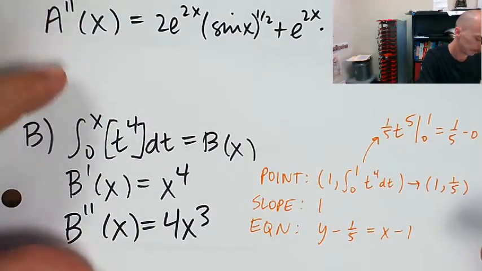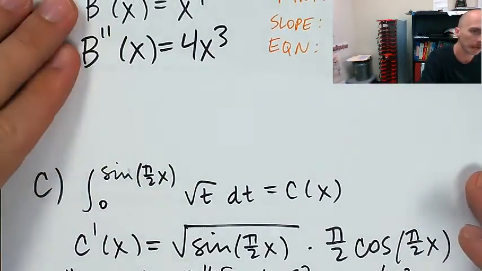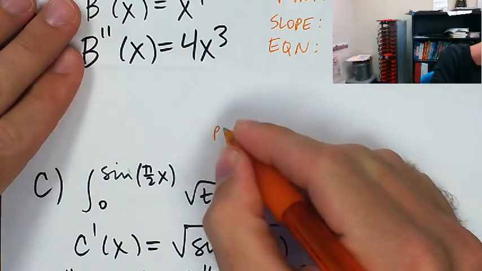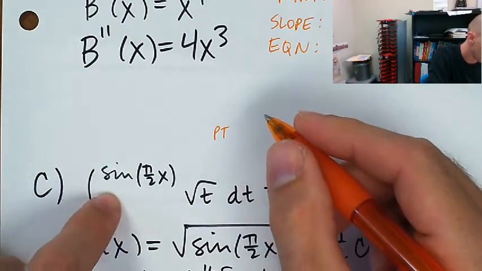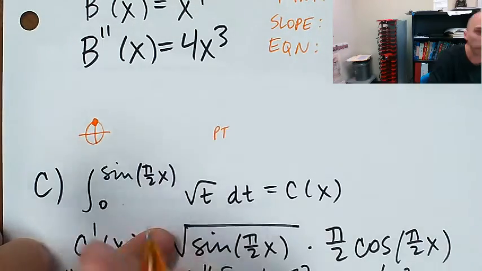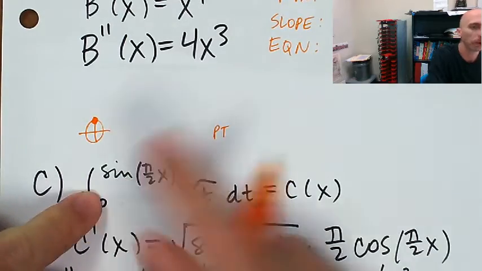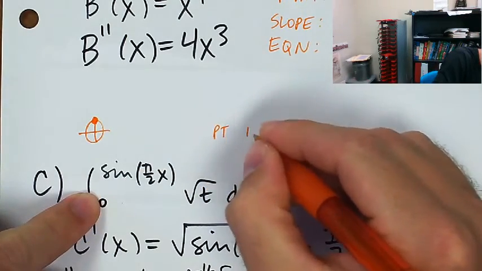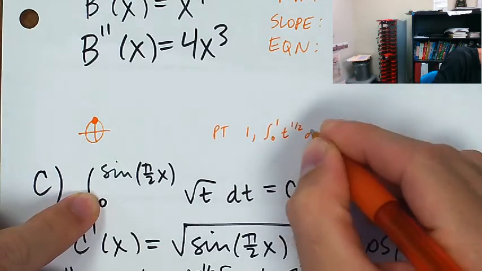C. Well, I'm going to have to do that up above, I guess. All right, so at x equals 1, my point is going to be, okay, the integral from 0 to sine of pi over 2, okay, pi over 2 is up there, sine is the y-coordinate, that's going to be 1. So now I'm integrating from 0 to 1 of the square root of t dt.